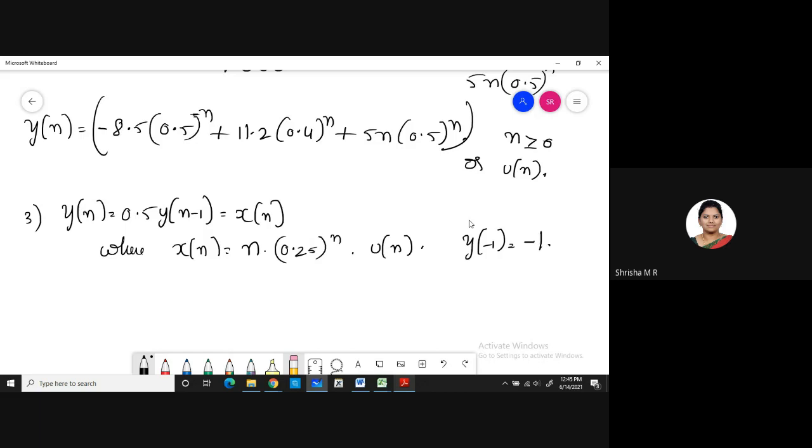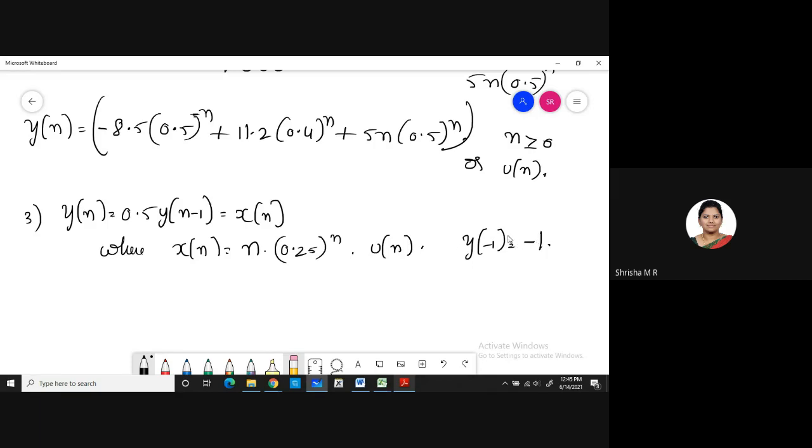This is the given first order LTI system difference equation. X of n is the input, which is given to be n into 0.25 to the power of n into u of n.